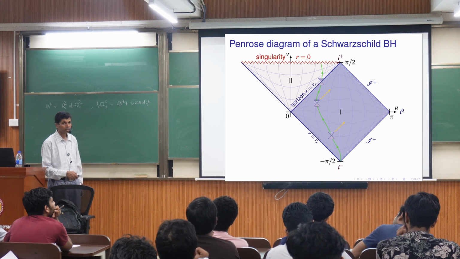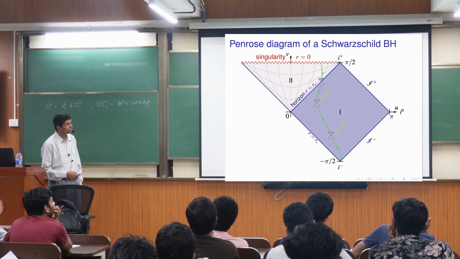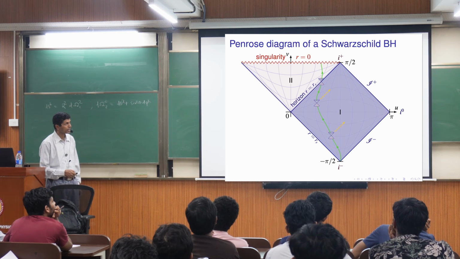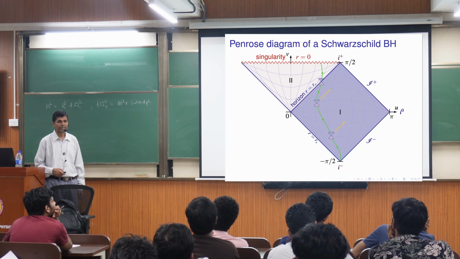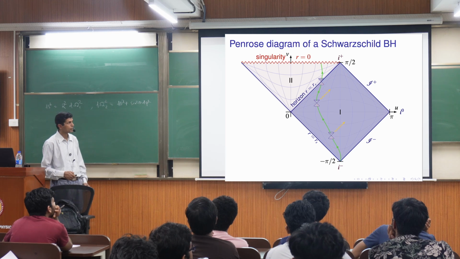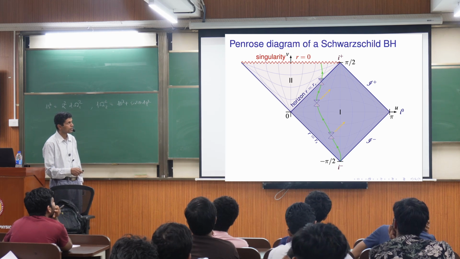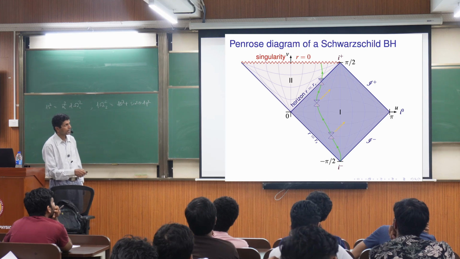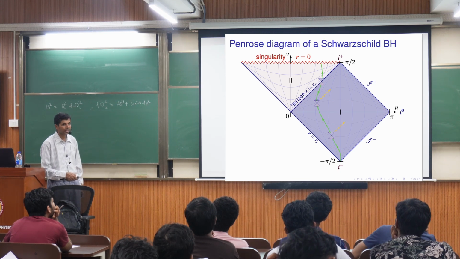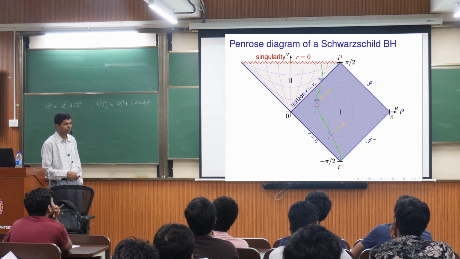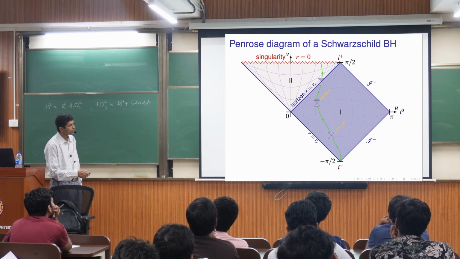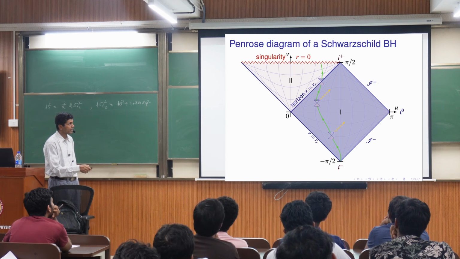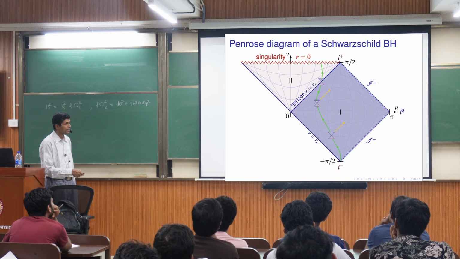All right. But now you see, if you take R equal to Rs, although I said nothing special happens, something very special happens at R equal to Rs. If R is greater than Rs, you consider some constant R surface, R equal to constant, you get a surface like this. This is a time-like surface. On the other hand, if you take R equal to Rs, you get this line here.